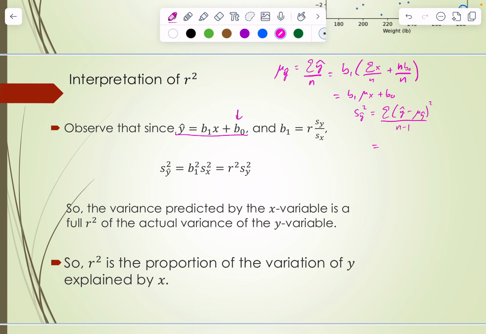And mu is a little bit of abusive notation because it is a form of data. We should do y hat bar, but I don't want to do y hat bar, so I'm just going to use mu.